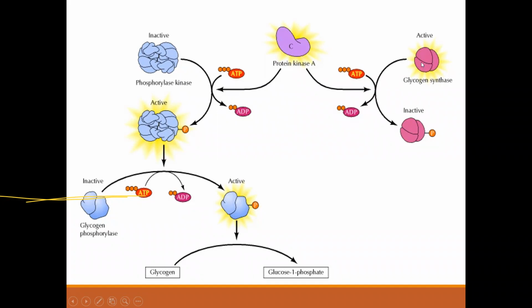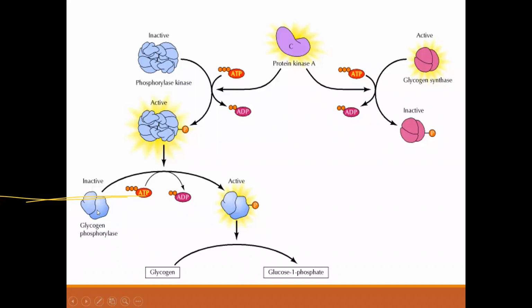Without phosphate, this enzyme is in the active form. But when it binds to the phosphate, this enzyme is inactivated. However, if the protein kinase A acts as the enzyme to give the phosphorylation to the phosphorylase kinase enzyme, this enzyme becomes active with phosphorylation. And this active enzyme will phosphorylate another type of enzyme called glycogen phosphorylase.